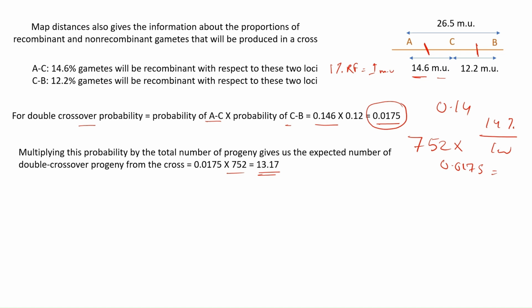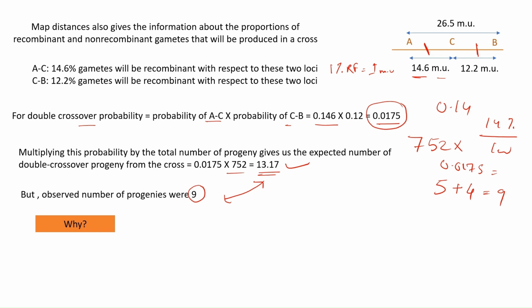Do you remember how many progenies we obtained for double crossover? It is 5 and 4, that is 9. So the observed number of progenies was 9, but the expected is 13.17. So we observed a reduced number. We expected about 13 progenies with double crossover, but we got only 9.